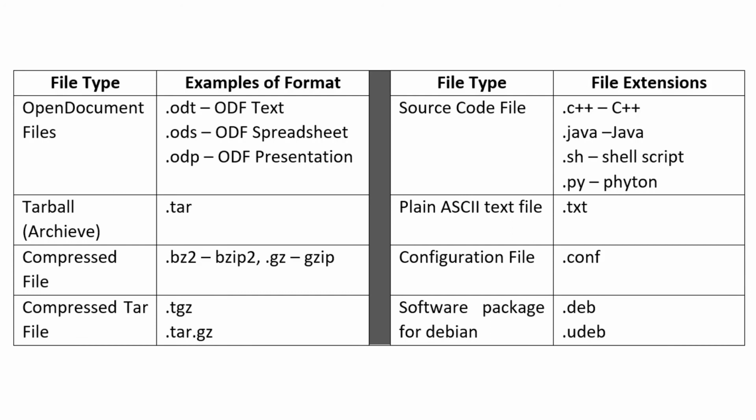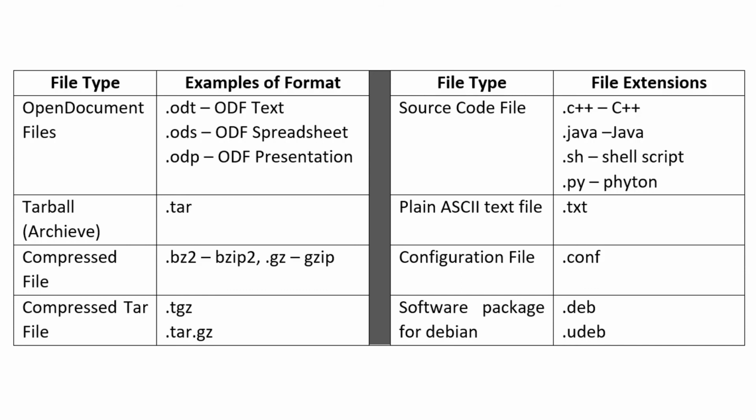For compressed files, examples that we have in Windows are normally .zip, .rar, and also the open source app format .7z. In Linux we have ones designed for the Linux system, which are bzip2 and gzip.